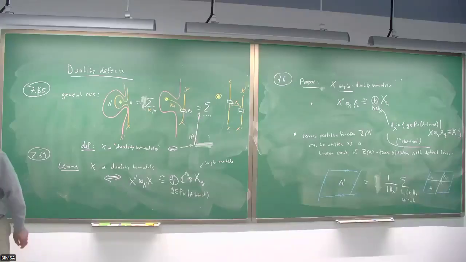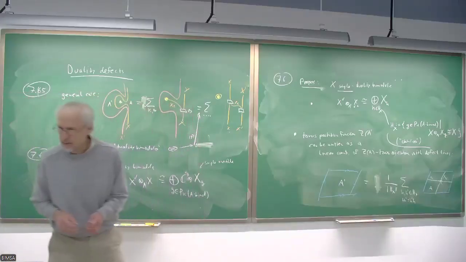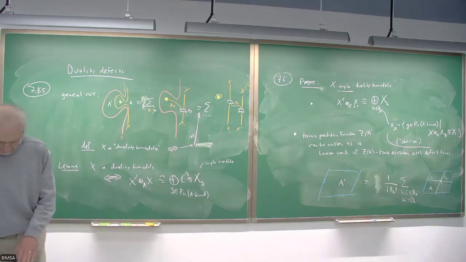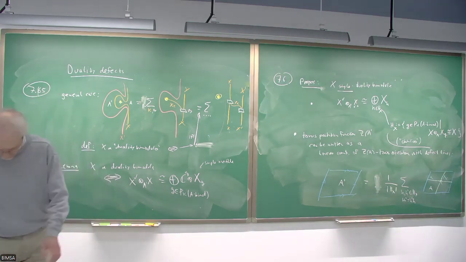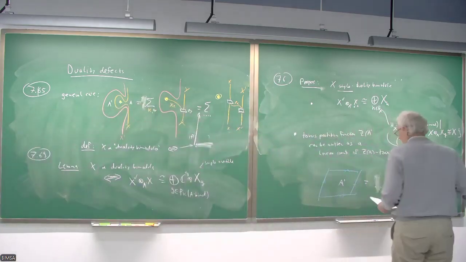Precisely. The next sentence I want to make. This is sometimes called an orbifold construction or identity. And the idea of proof is not so hard.